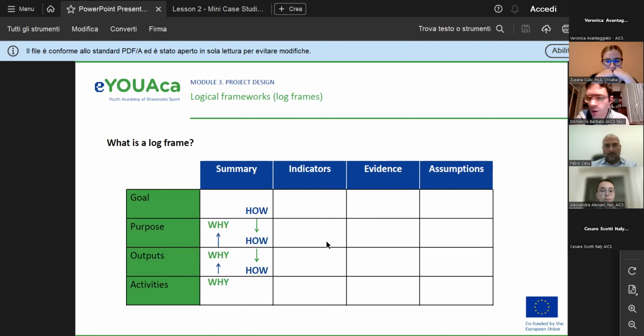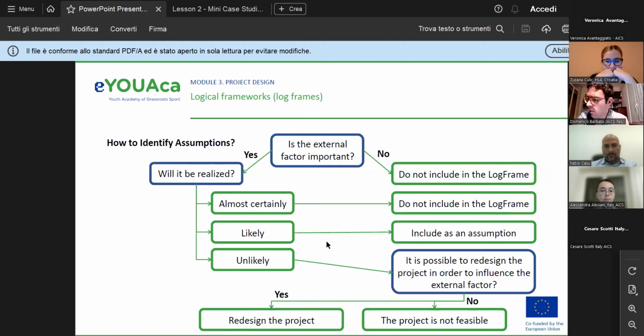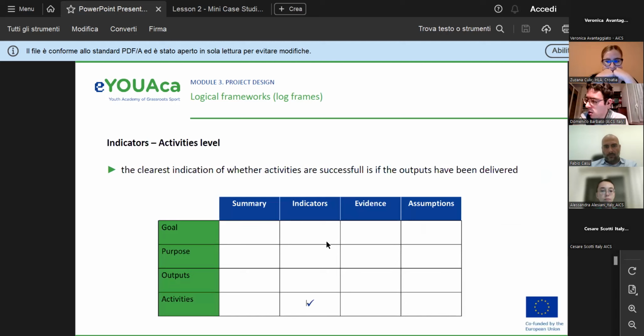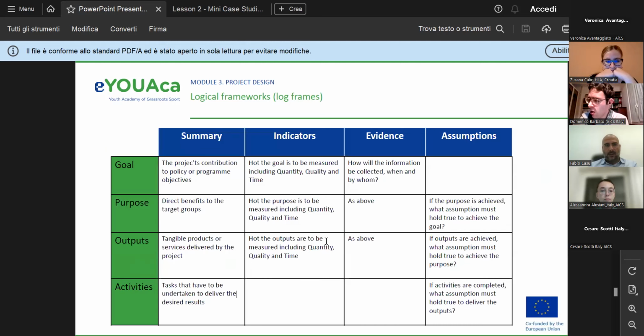Let's make an example. So, summary. The goal is the project's contribution to policy or program objectives. What does it mean? We are talking about projects that we hope will be financed by European or national funds.